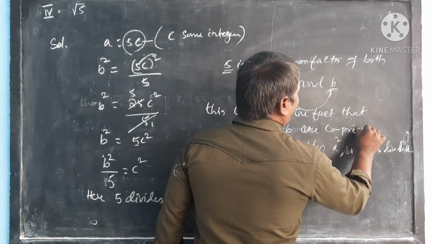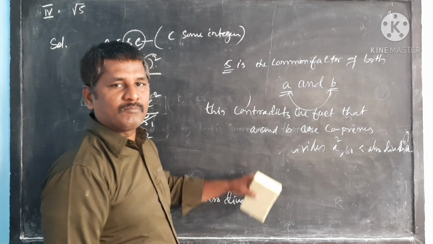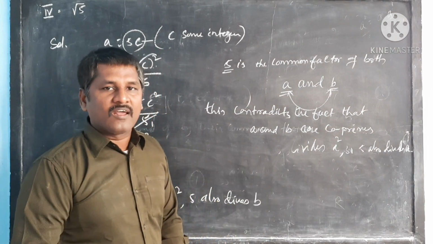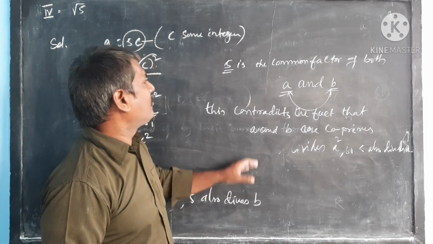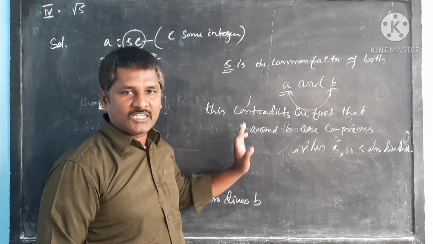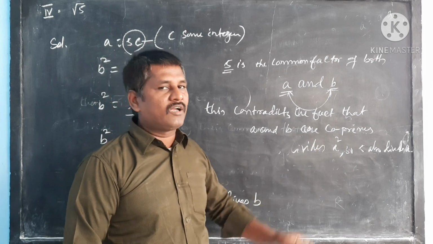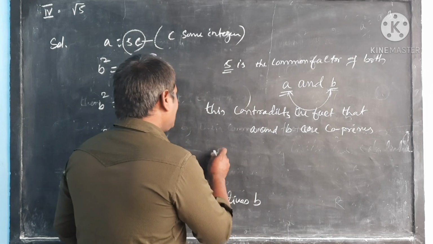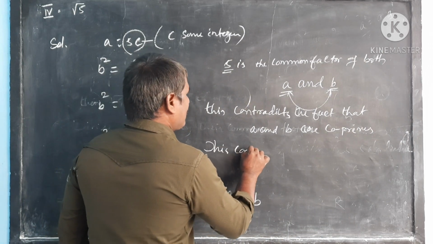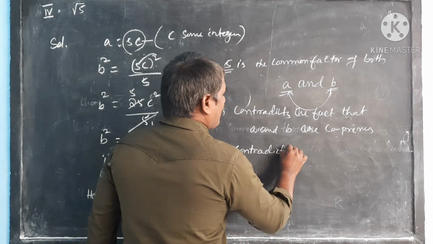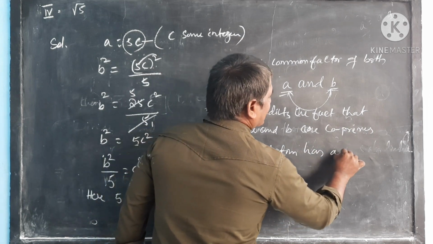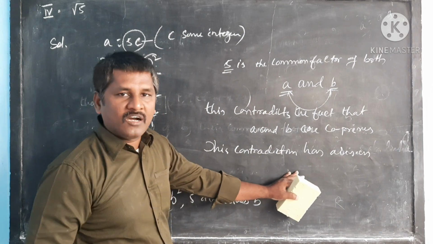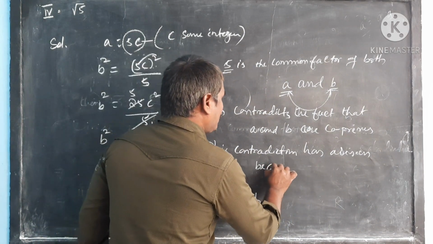So when a and b are co-primes, they should not have any common factor other than 1. But here you got 5 as the common factor. So this contradicts the fact that a and b are co-primes. This contradiction has arisen because of our assumption.